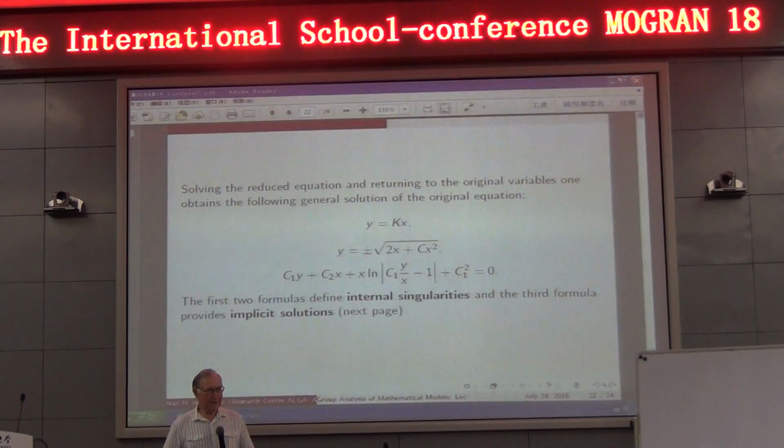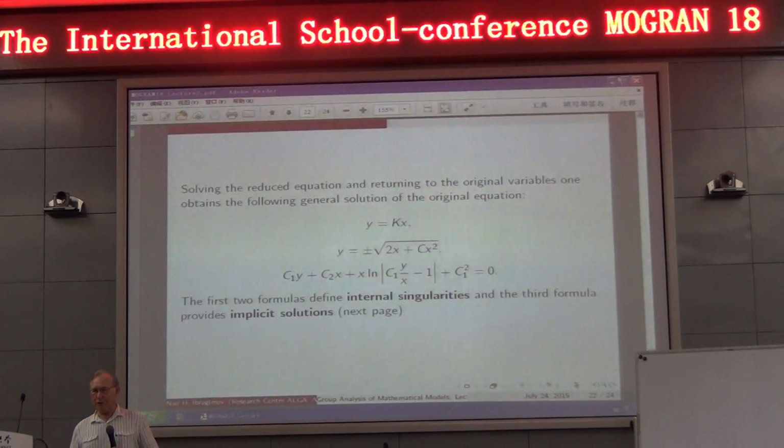Now my answer: it is not contradicting, because if you have a given initial condition, suppose the initial point is x equals x0 and y equals y0, and then y prime at the same point x0 is y1, for example. So y and y prime are given, two data are given.